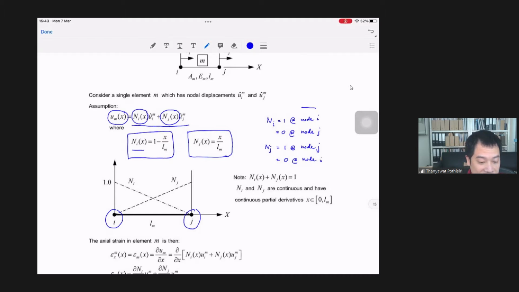The question is, why is this so important? Can my Ni and Nj functions, or can my displacement interpolation functions look different from this? Can it be different from this?